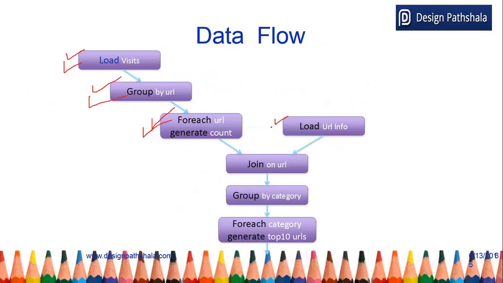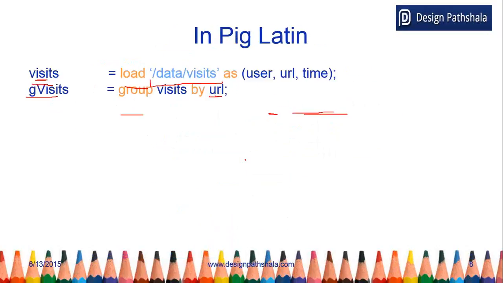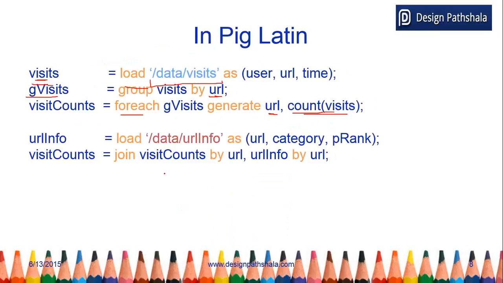After that, I loaded the URL file, which is URL info, assigned to a variable called URL info. I've joined visit counts, that is the file which has the count of URLs, and this file URL info, based on URL.